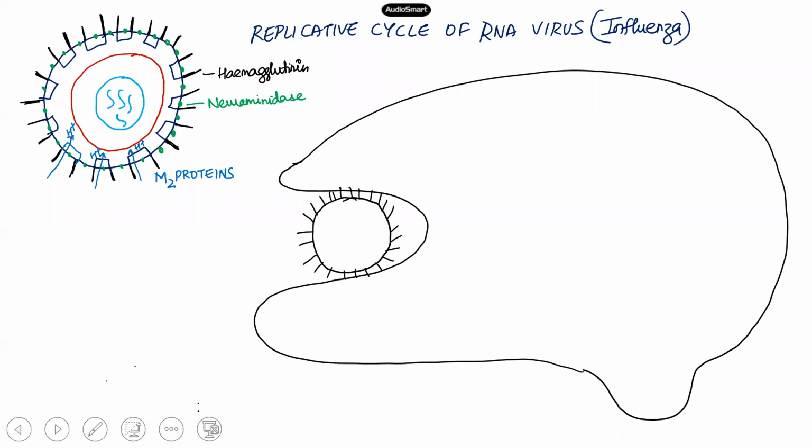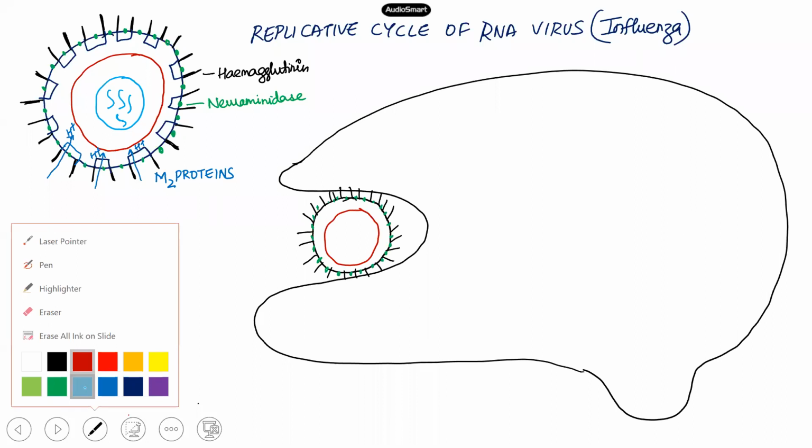And also it has got its neuraminidase. And then if you want to, you can draw your capsid layer and then you can draw your core genome.